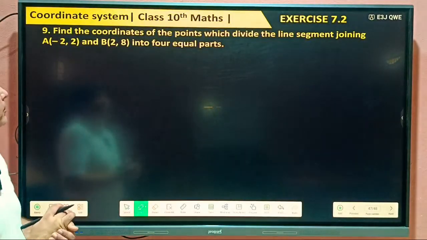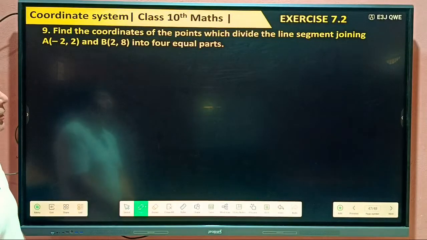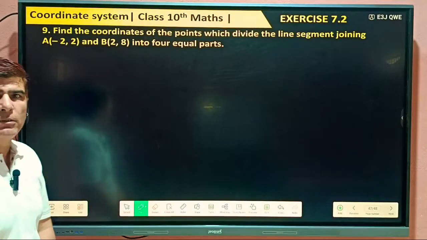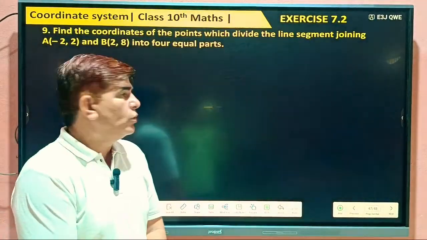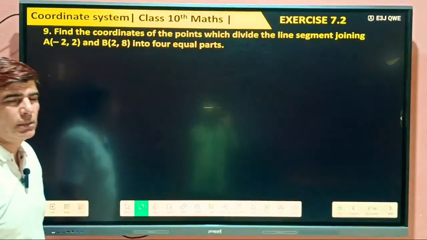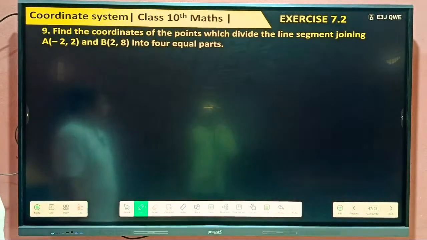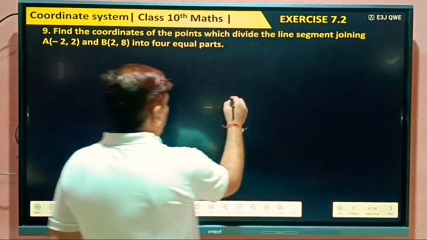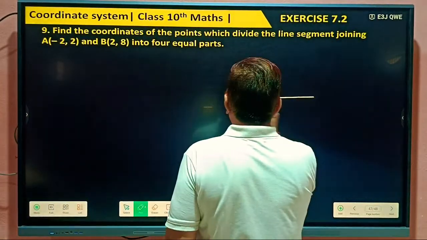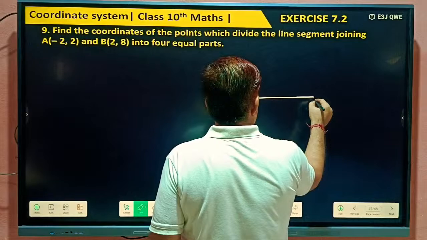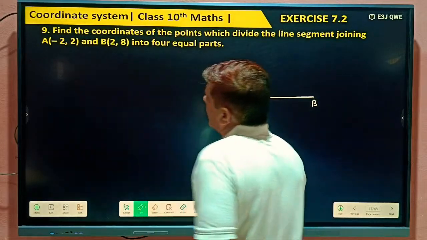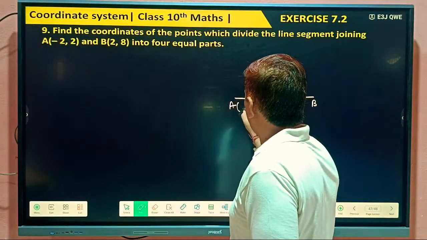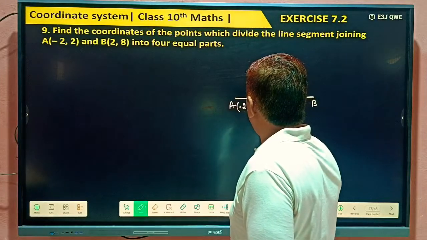Question number 9. Find the coordinates of the points which divide the line segment joining these points into 4 equal parts. We are having a line segment, this is A, this is B. Understood? Coordinates of A are minus 2, 2.